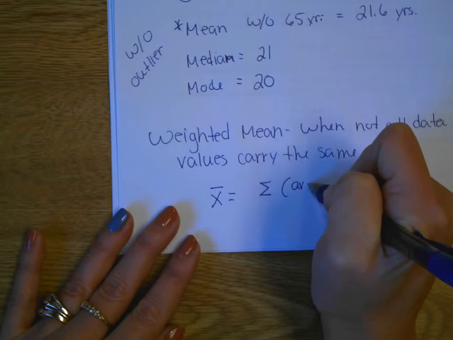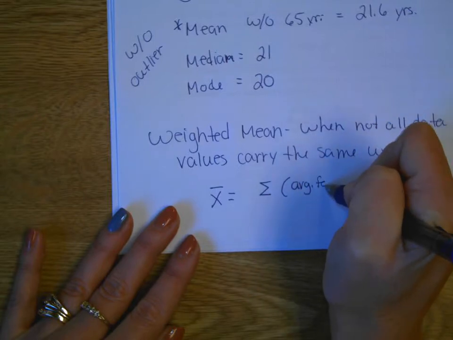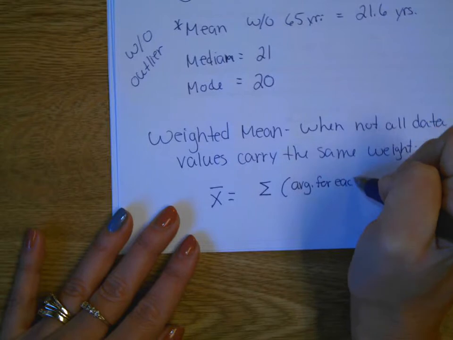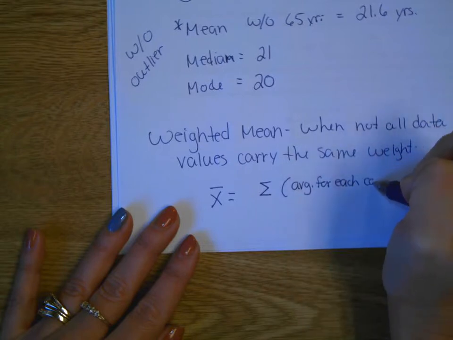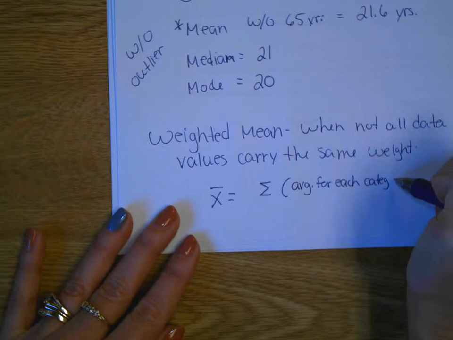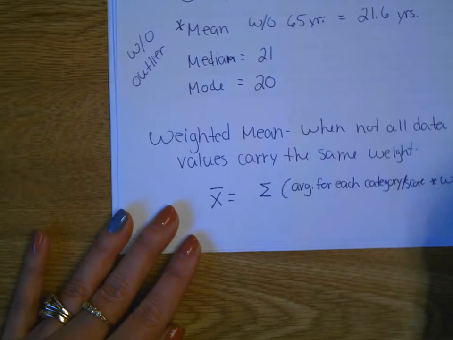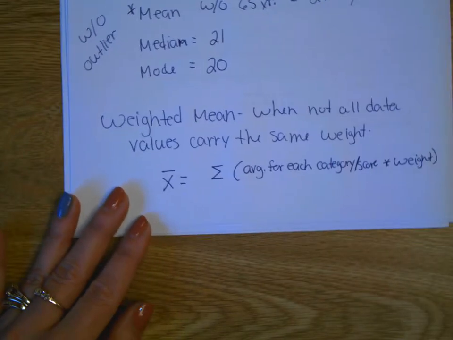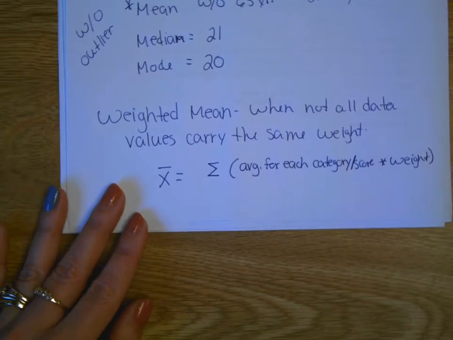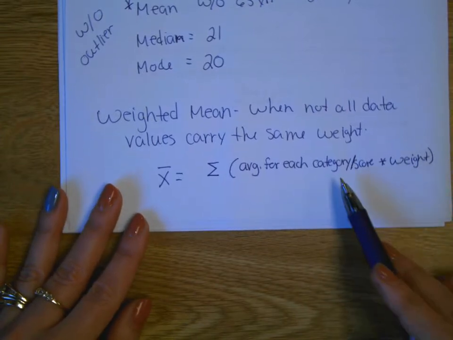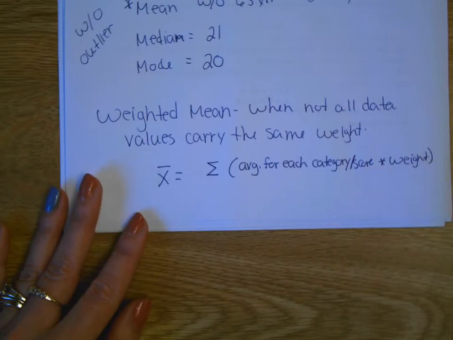The average for each category or score multiplied by the weight. So it's the average for each category or score multiplied by the weight, and you're going to add all of those up at the end.